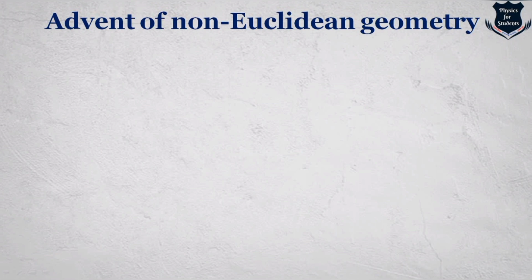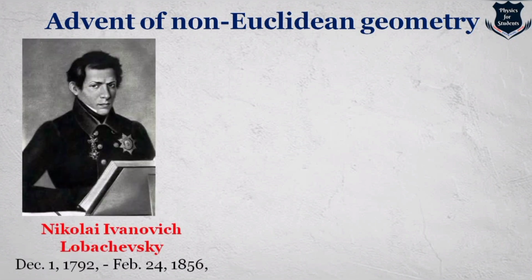We started with Eratosthenes and then moved to Descartes, then Pierre de Fermat, Newton, Leibniz. Everybody's contribution is important. However, when historians and mathematicians talk about the advent of non-Euclidean geometry, the immediate person that comes to our mind is Nikolai Ivanovich Lobachevsky.